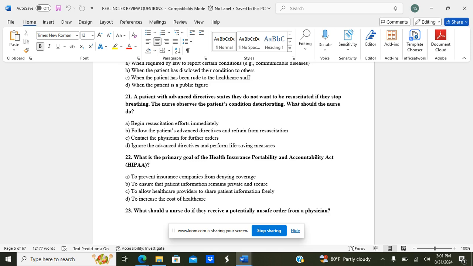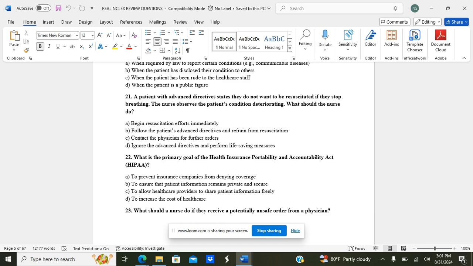The patient signs a contract. Therefore, choice B is correct. Follow the patient's advance directive and refrain. Refrain means don't do that. Refrain from resuscitation. Okay? B is the correct choice. We are in question 21. B is the correct choice.